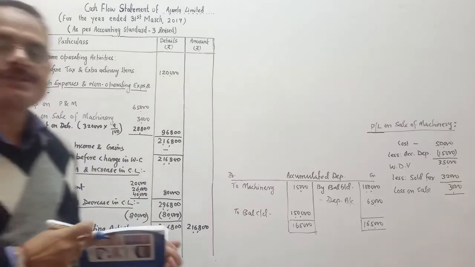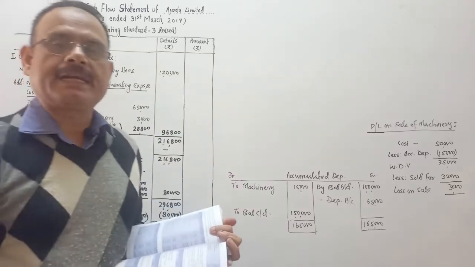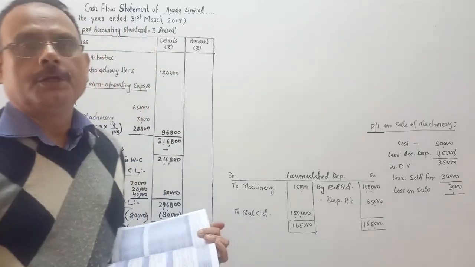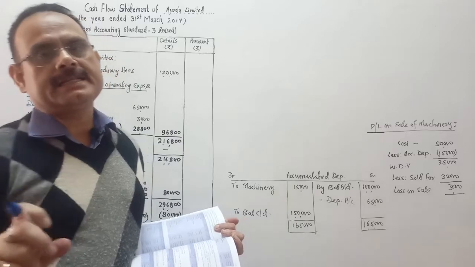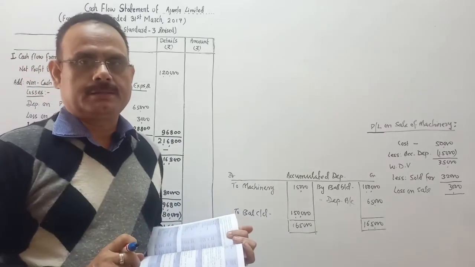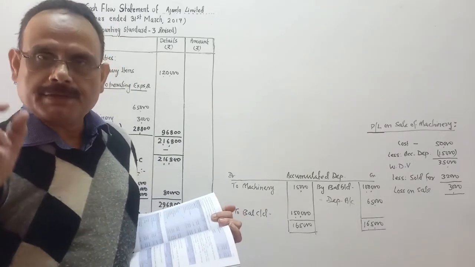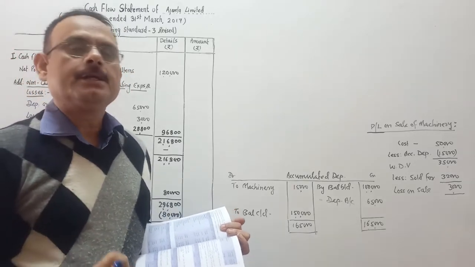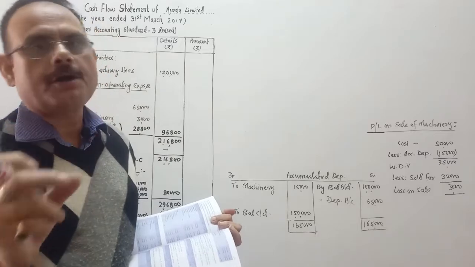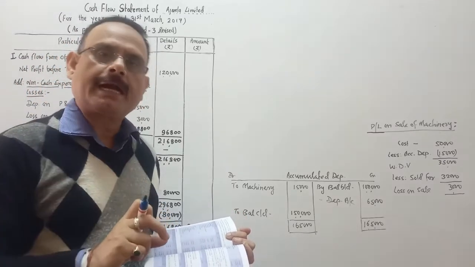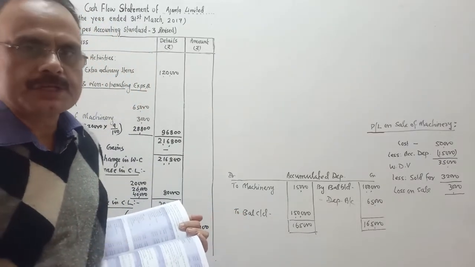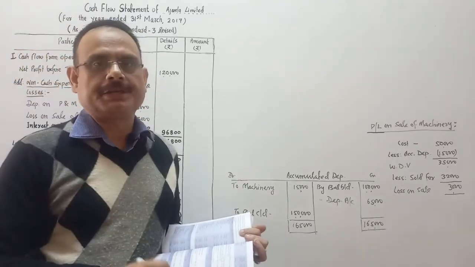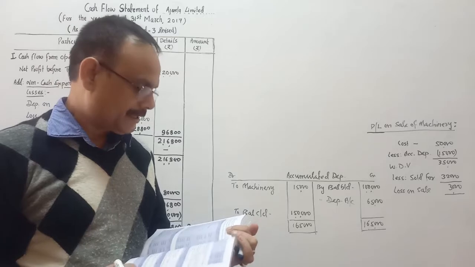Coming to the investing activities, you know what investing activities are? Acquisition and disposal of non-current assets and non-current investment. So purchase and sale of fixed assets and purchase and sale of investment, dividend received and interest received. This comes under the investing activities.